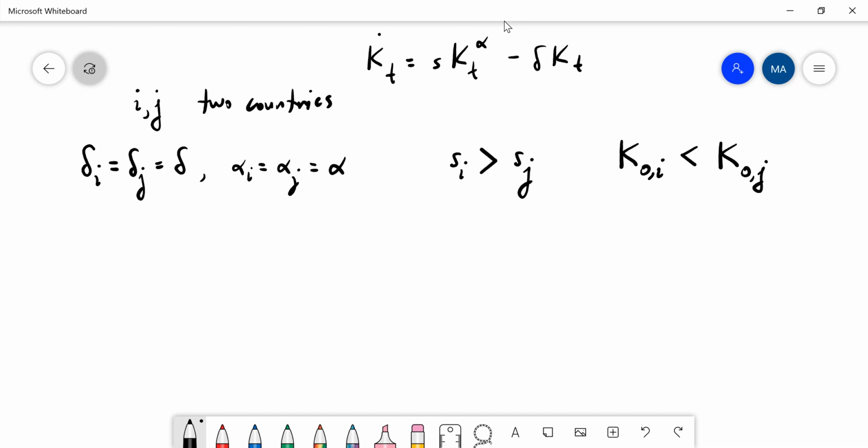So how can we understand GDP per capita in these countries? And how can we understand the growth rate of capital stock in these countries?